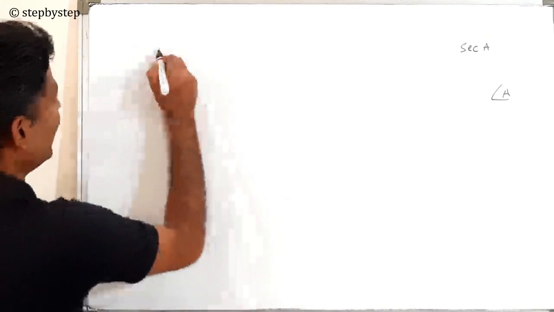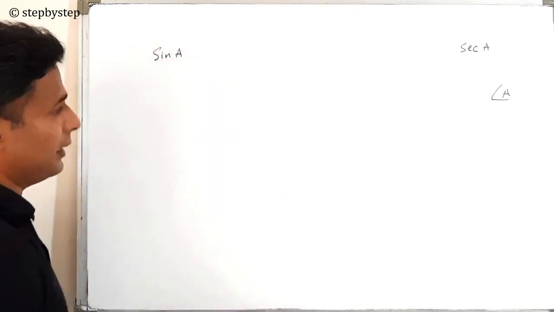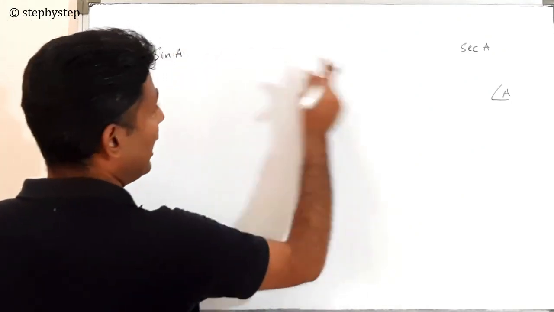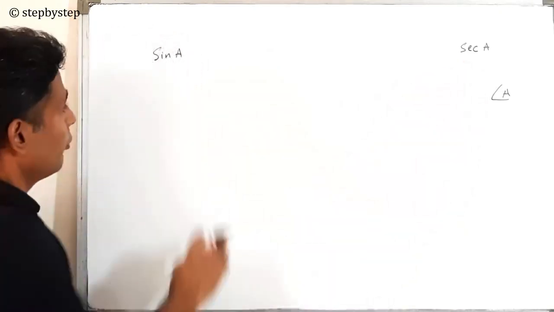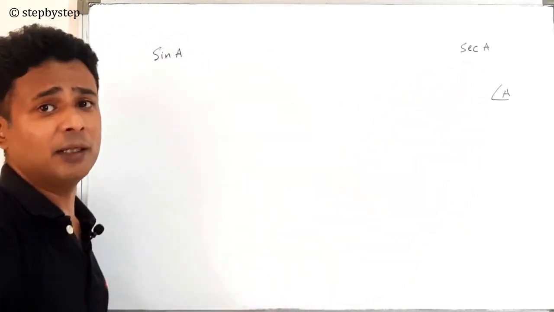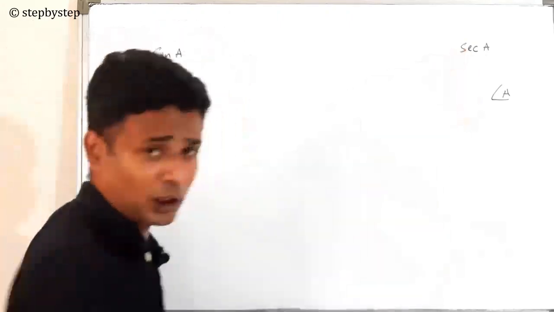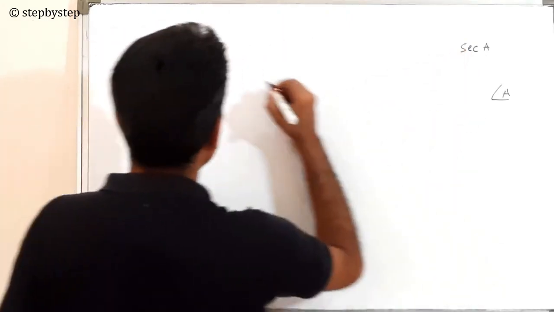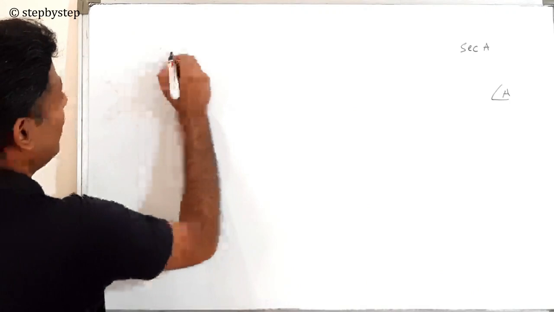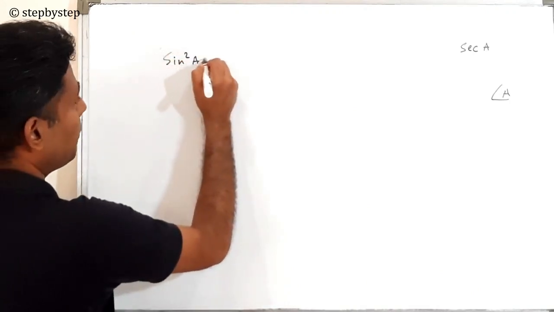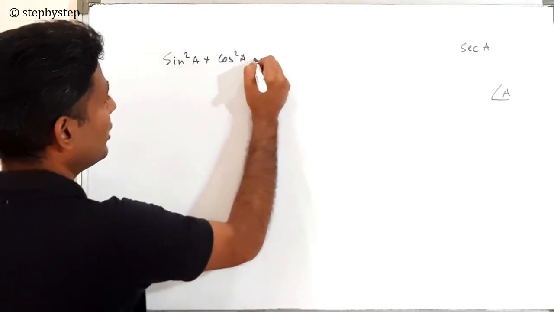So first thing, what do we have? Sin A. How can we write it in terms of sec? First, we should get sin A in terms of cos A, because sec is the reciprocal of cos. Now we have sin square A plus cos square A equal to 1, right?